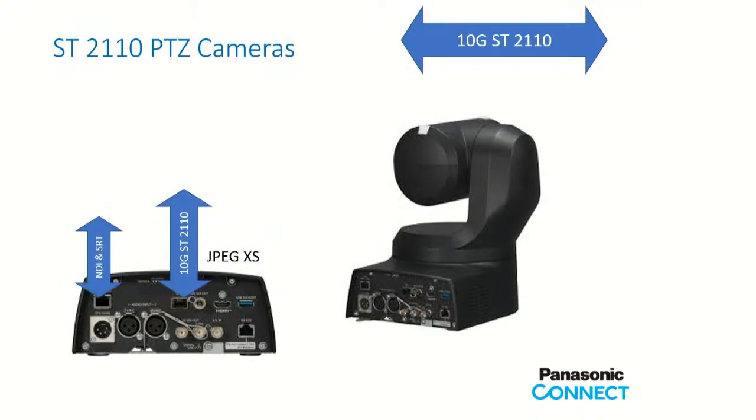One more example. So NDI SRT coming out of the network. This is the SFP. So the SFP is in the back. Sorry for the bad pictures, but that's the SFP cage there. You can put an HD SFP, you can put a 4K SFP, or you can put a simple video SFP and not do ST2110. It does not matter.